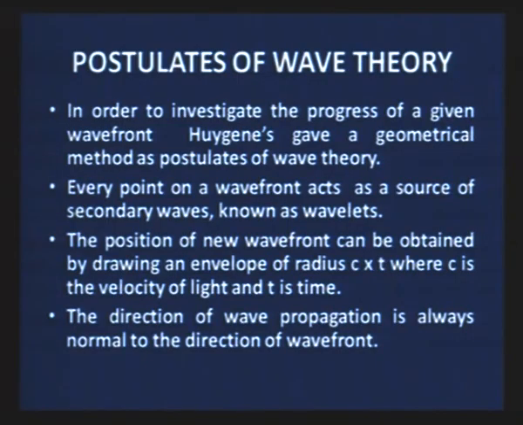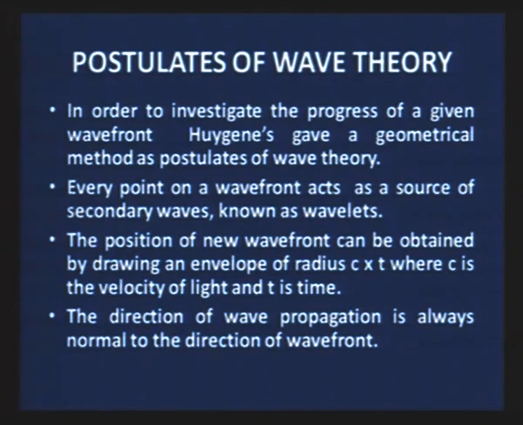How did the concept of wave come into existence, sir? According to Huygens and Fresnel, we first have to discuss the postulates of wave theory. In order to investigate the progress of a given wave front, Huygens gave a geometrical method. We know these as the postulates of wave theory.